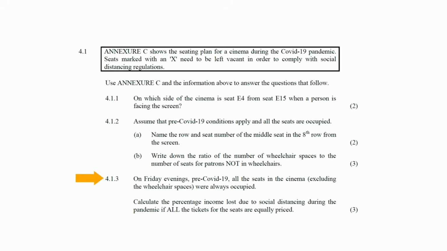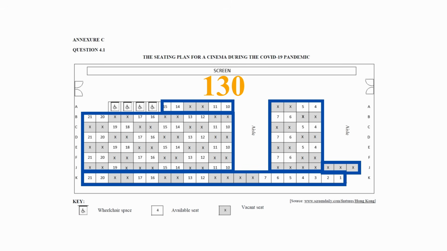In question 4.1.3, it is stated that on Friday evenings before COVID, all seats in the cinema, not including the wheelchair spaces, were always occupied. With this information in mind, you have to calculate the percentage of income lost due to social distancing during the pandemic if all the tickets for the seats were equally priced. The number of seats in the cinema was calculated to be 130 in question 4.1.2B.